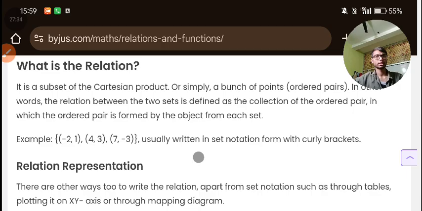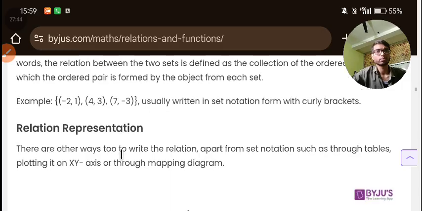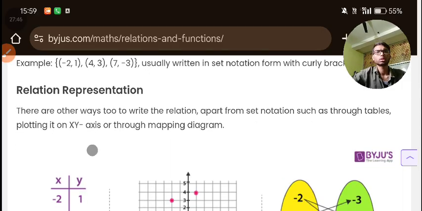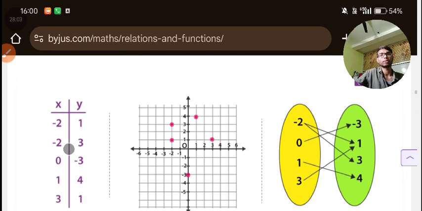A relation between two sets is written in set notation with curly brackets. There are other ways to write a relation apart from set notation, such as through a table, plotting it on the xy axis, or through a mapping diagram.